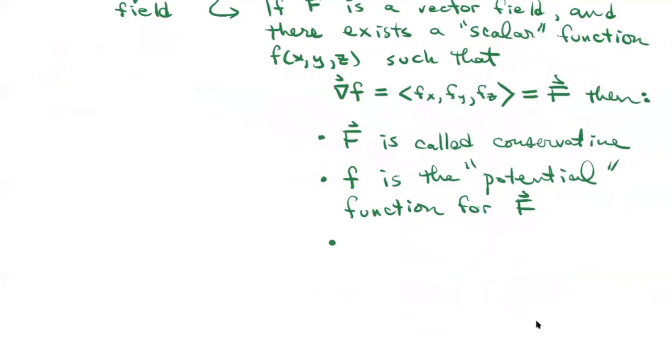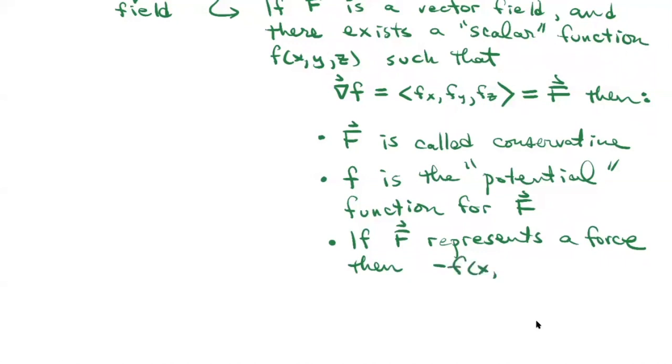Why is it called potential? If big F represents a force, now think like a gravitational force or an electric force between two particles, then the negative of little f of x, y, z is potential energy.